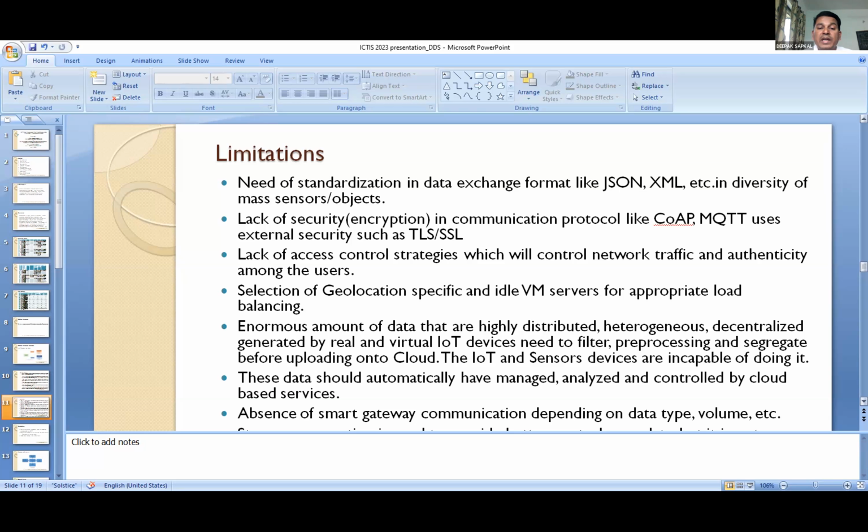If you are not doing that and just sending directly to the cloud, the major time of the cloud or virtual machine as such is engaged just in converting the data format. So can it be possible in the IoT itself or certain application that can convert this data format into a suitable form for cloud computing?